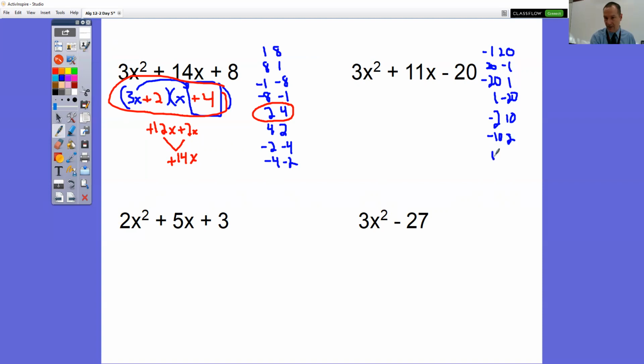We could have the reverse of those. There's a lot of combinations here. We could have 2 and -10. So then we could have 4 and -5, the reverse of that. And we could have -4 and +5. So unfortunately, there's a lot of combinations here that you could try.